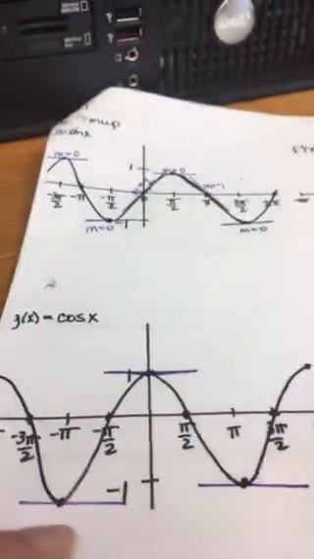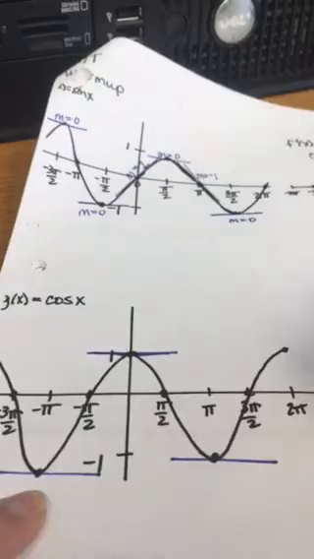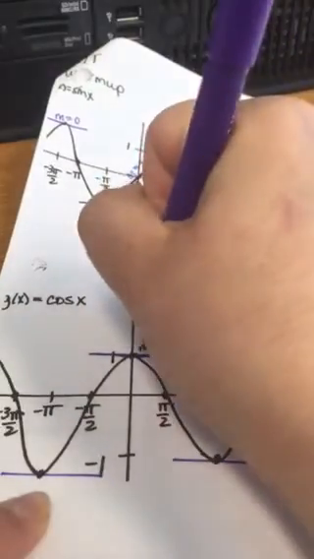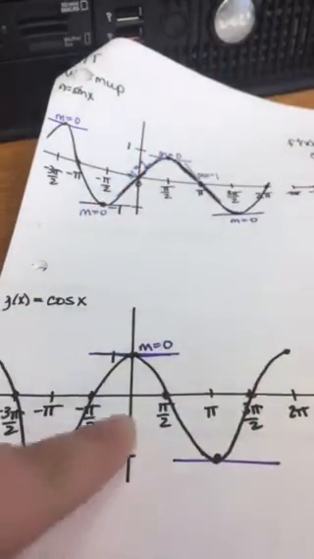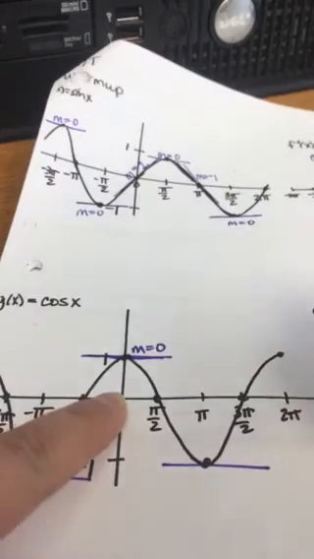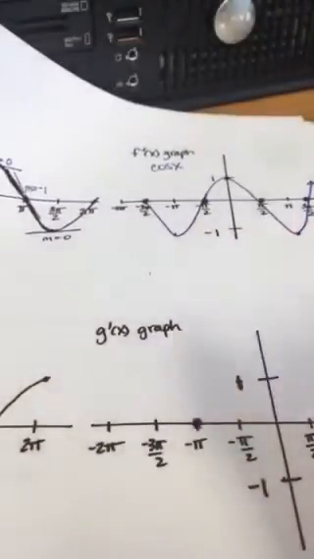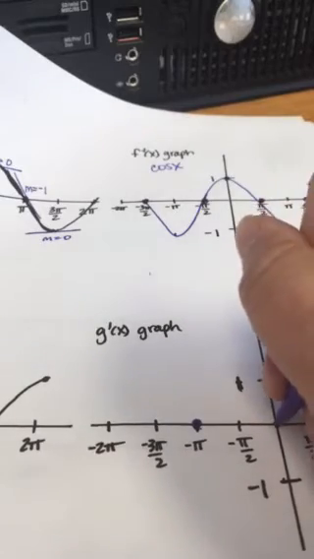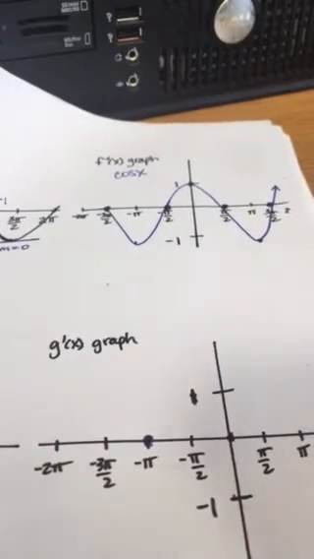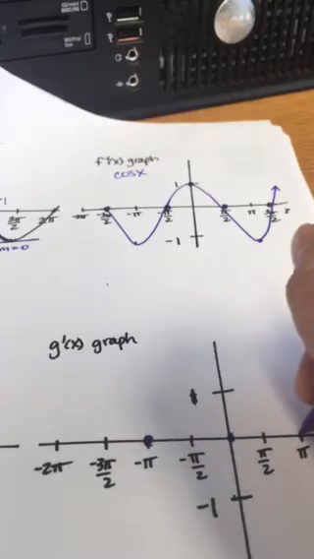But if I draw tangent lines at all these points, down here at negative pi, it's 0. The slope of any horizontal line is 0. At 0 there. So any peak or any valley, low point, it's a 0.